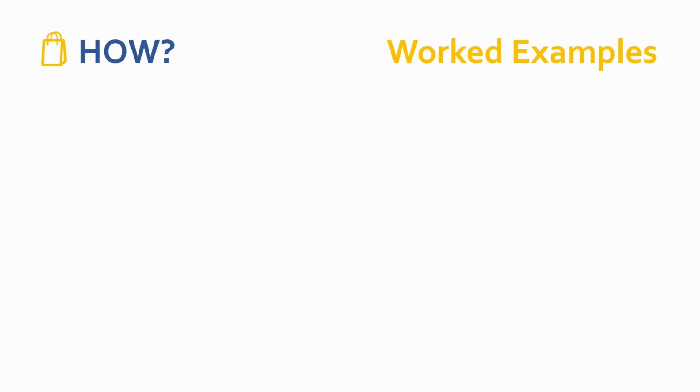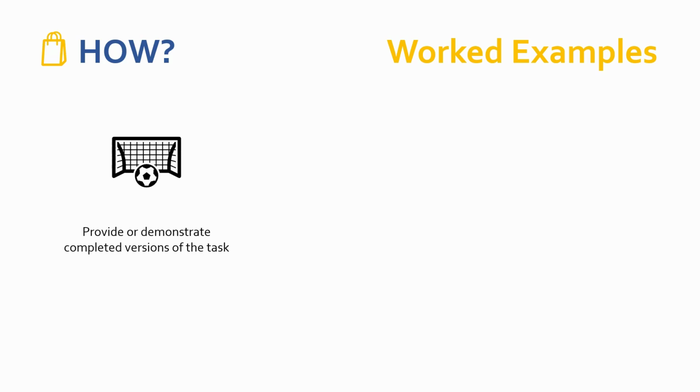Firstly, provide a demonstration or a completed version of the final task. Provide the whole thing, the problem, the process, and the solution, and give it to the students as a completed piece. And then comes the key part. Direct the students' attention to small chunks of the task. Get them to think about the example one piece at a time.